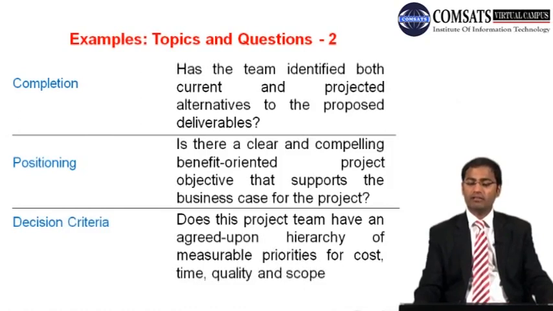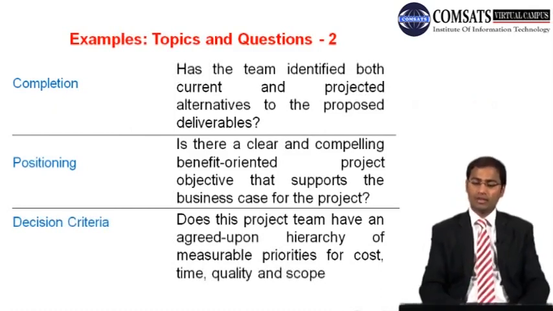Then has the team identified both the current and the projected alternatives to the proposed deliverables? Can you identify the criteria for completion? If you are focusing on this very alternative and you have not considered other alternatives, your project is kind of not doing well.